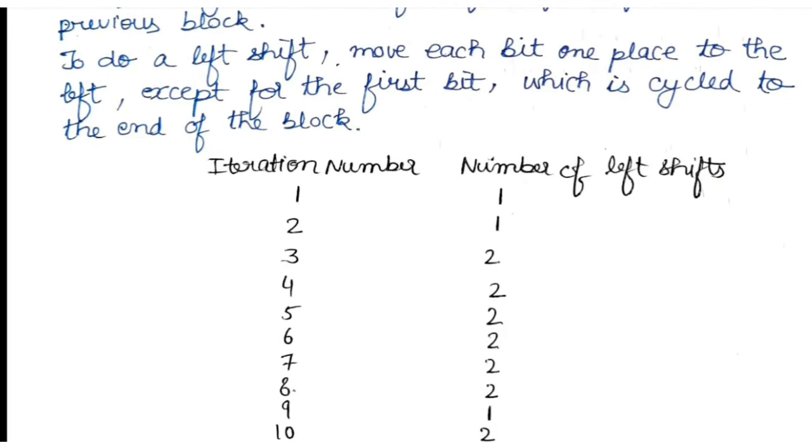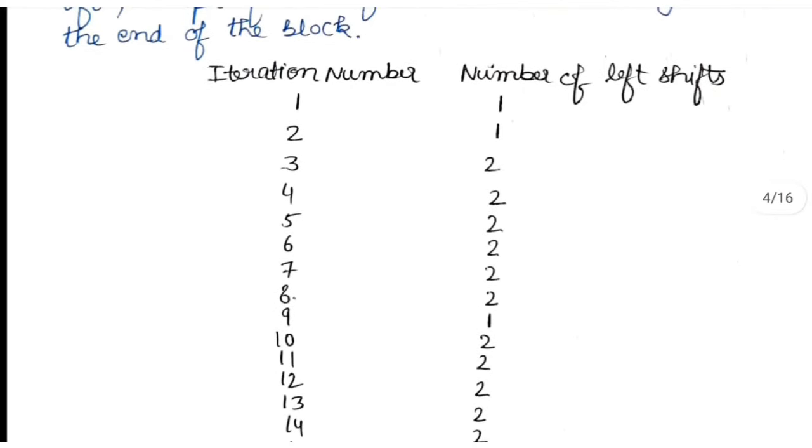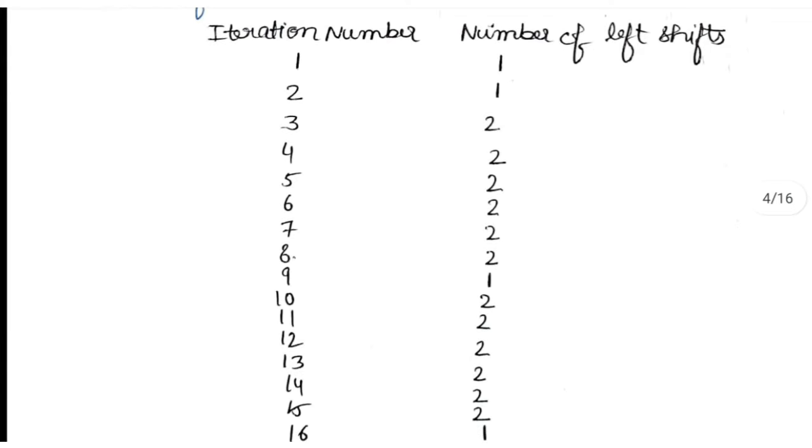I have shown the iteration numbers, for n equal to 1 to 16, and the number of shifts we are going to make. For making C1 and D1 we will use the values of C0 and D0, and to make C2 and D2 we will use C1 and D1. Similarly, to calculate C16 and D16 we will use C15 and D15.